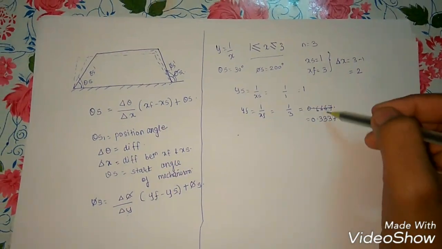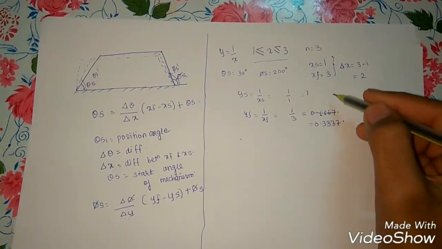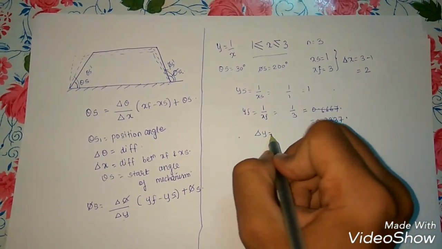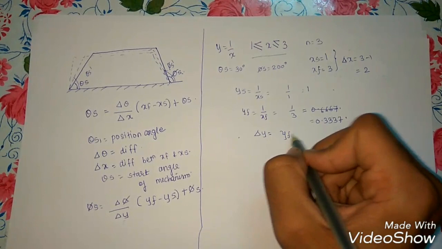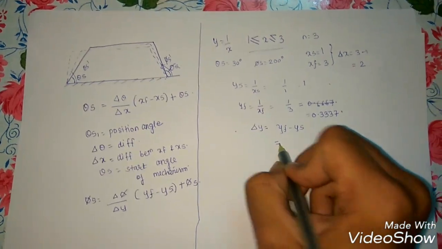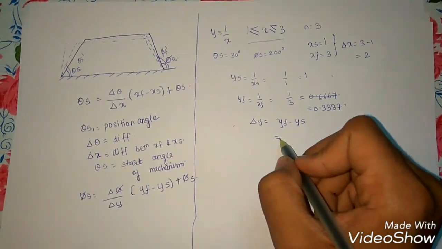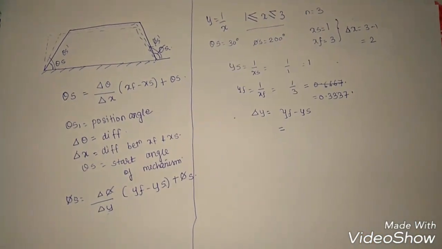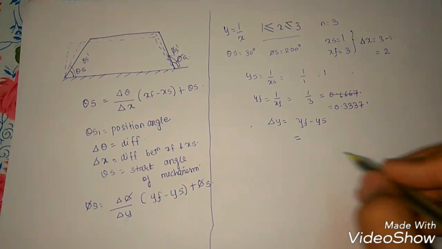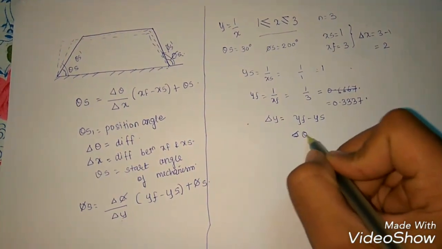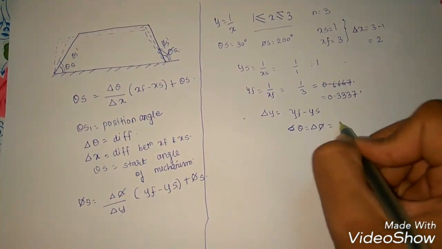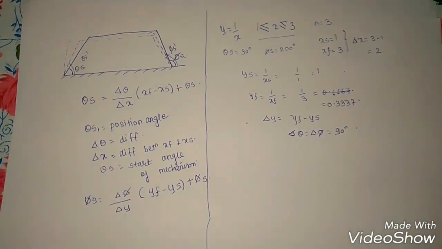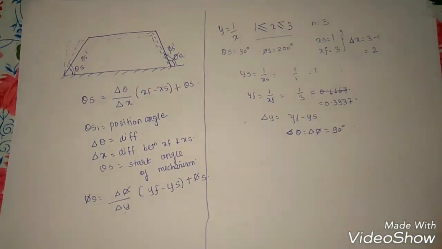So we have the answers of yf and ys. So del y will be yf minus ys. We are also provided with del theta is equal to del phi is equal to 90 degrees, which can be used to find theta 1, theta 2 and theta 3 respectively.